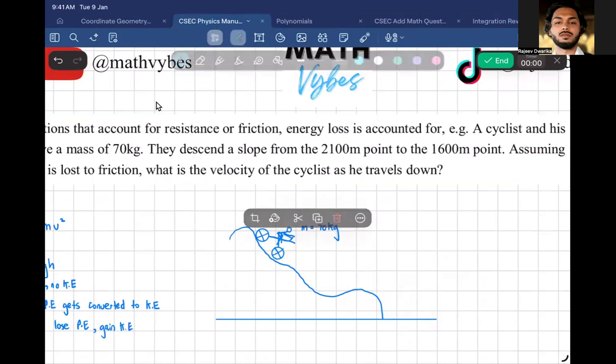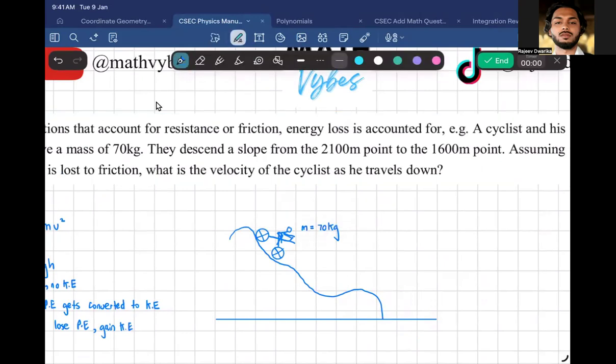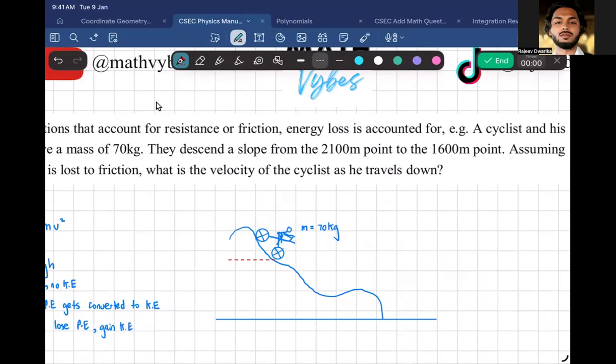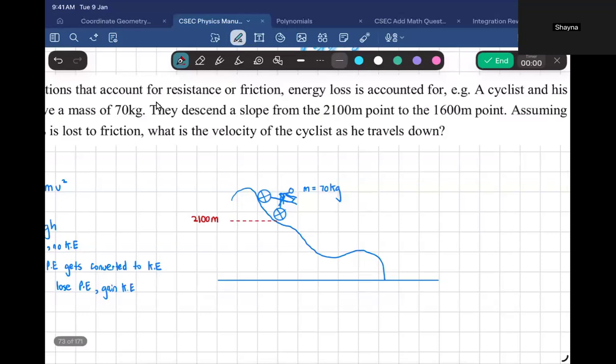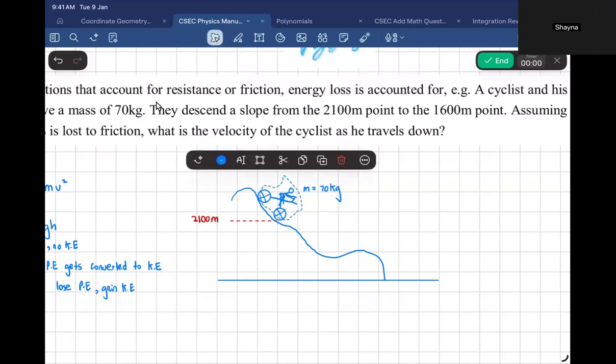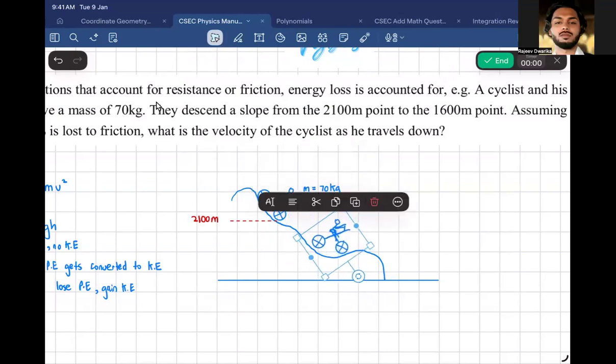The 2,100 meter point. That's correct. So they clearly possess what right now? Potential energy. And then they're saying they're going to descend the slope from 2100 to 1,600 meters.